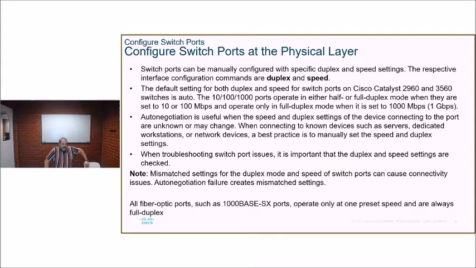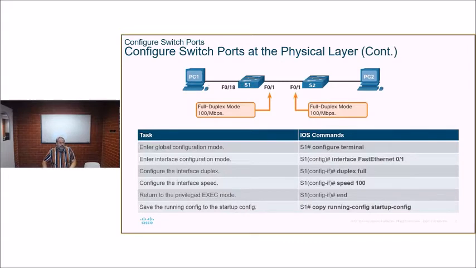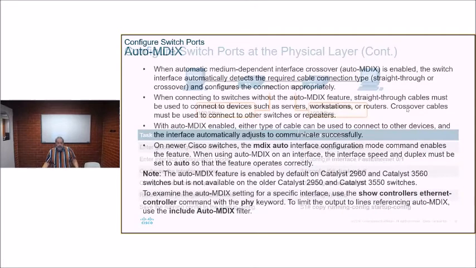All optic fiber ports such as 100BASE-SX operate only at one preset speed and are always full duplex. Of course, fiber optic is two cables, it's not a problem. Two fibers. Okay, so basically to configure the ports, you can do duplex full, speed 100, all good. And that is the way that you would manually set them.